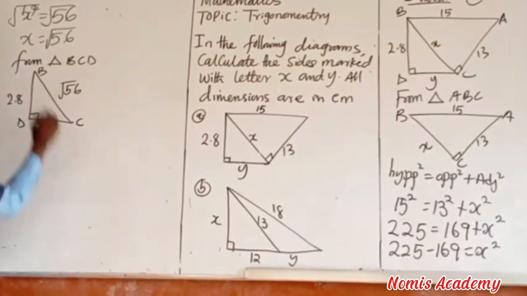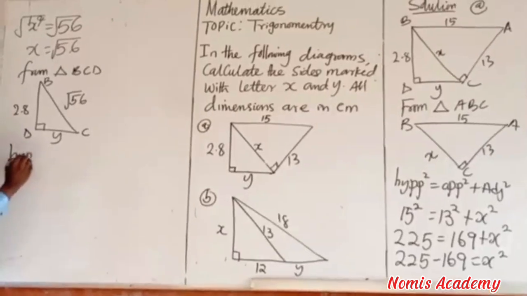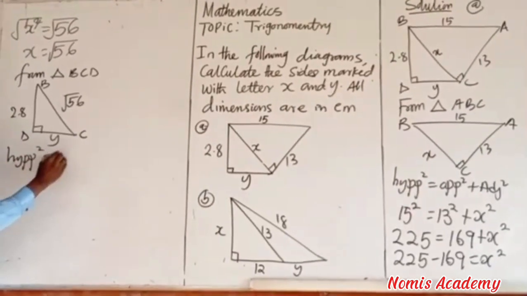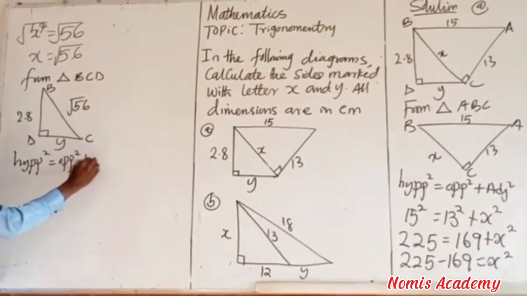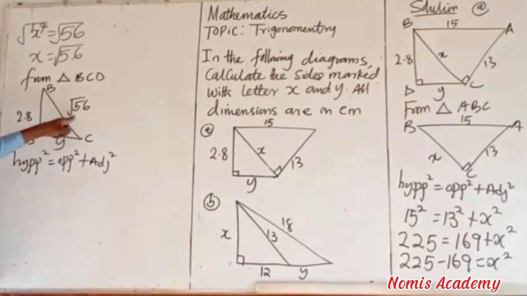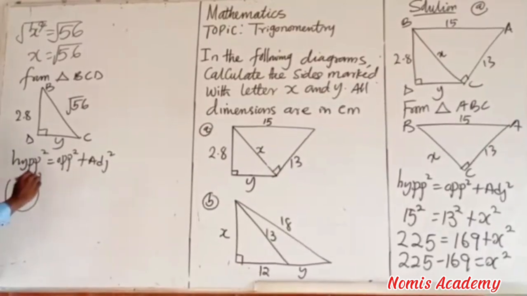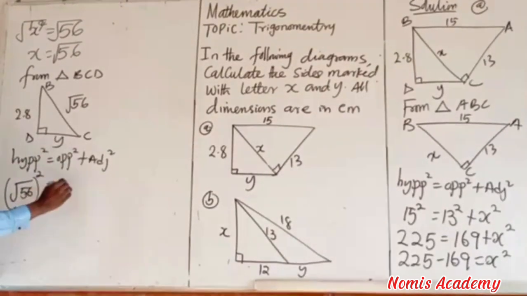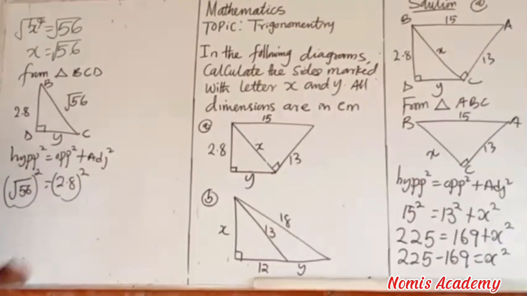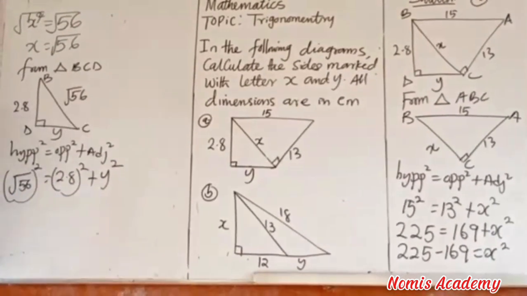Here is now Y. Using Pythagoras theorem again, we have hypotenuse squared is equal to opposite squared plus adjacent squared. What is the hypotenuse? The hypotenuse is this, which is the square root of 56, then all squared is equal to opposite 2.8 all squared plus adjacent Y squared.